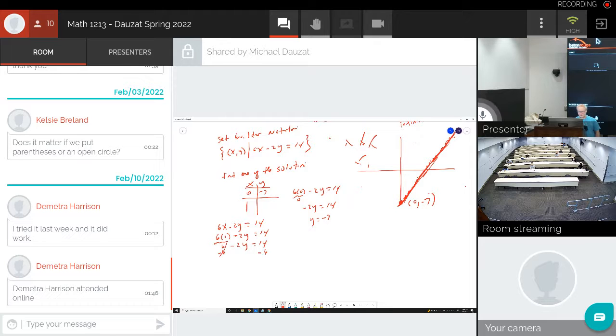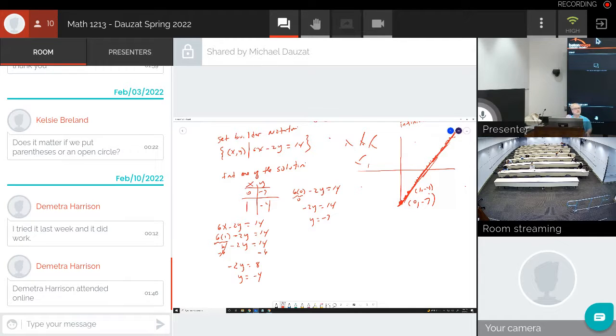So I get negative 2y equal 8. And so what's y? -4. So your other solution is 1, -4. So let's say this is 1, -4 right here. So you know how to find solutions to this system that has an infinite number of solutions.